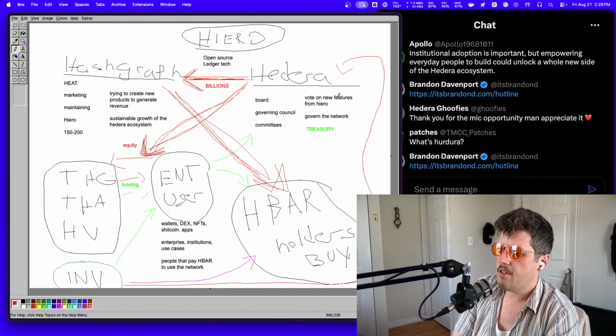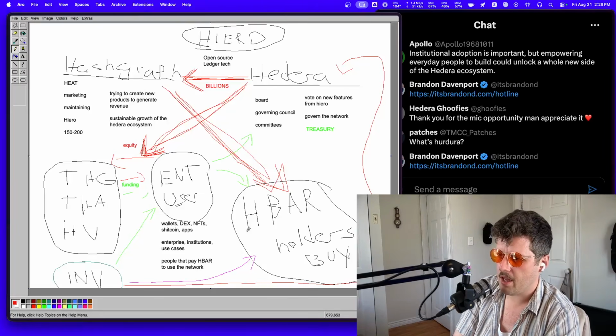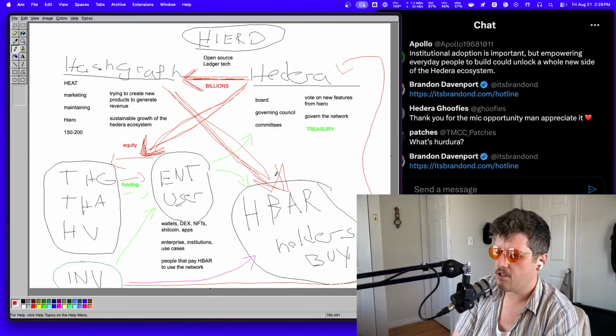And then the main holder of HBAR, the Hedera Governing Council Treasury, will use that and pass it along to these organizations to keep their teams and their staff employed, and they will sell that HBAR back into the marketplace. And so that's kind of the cycle.